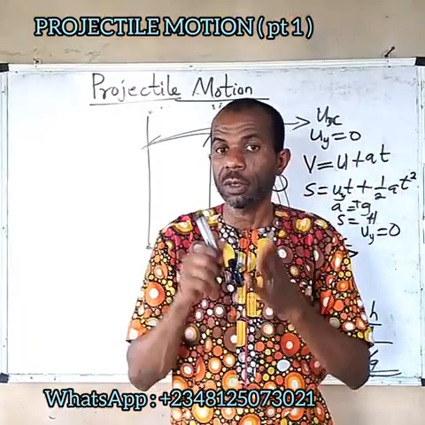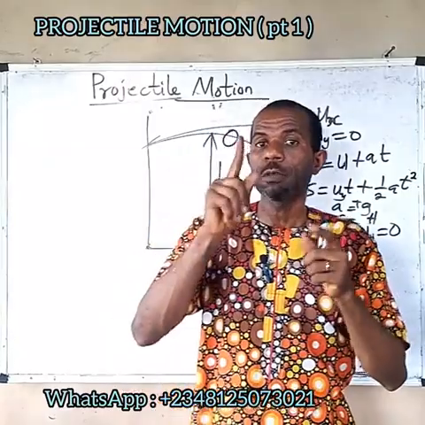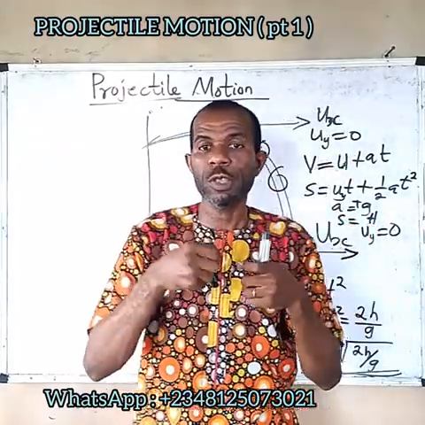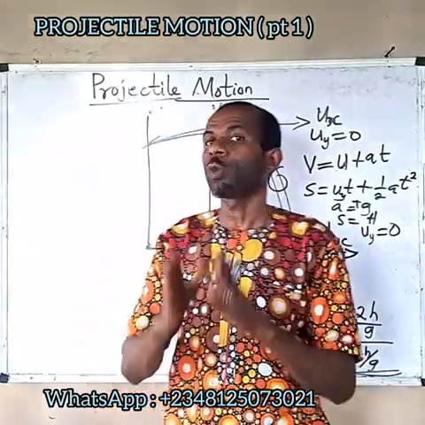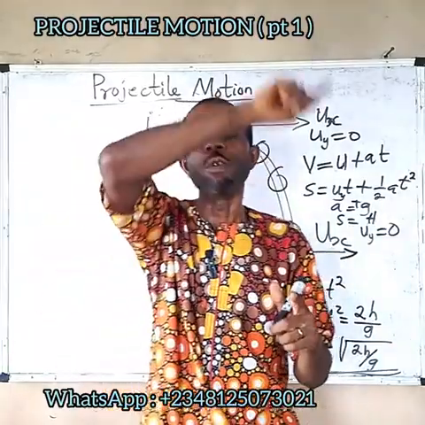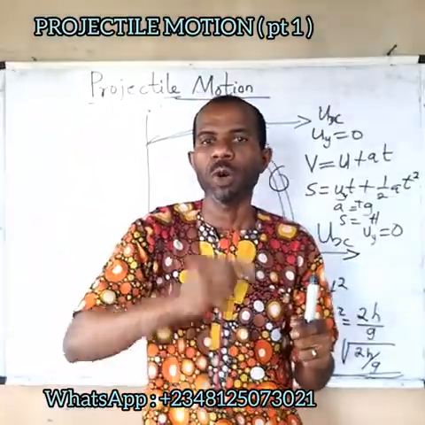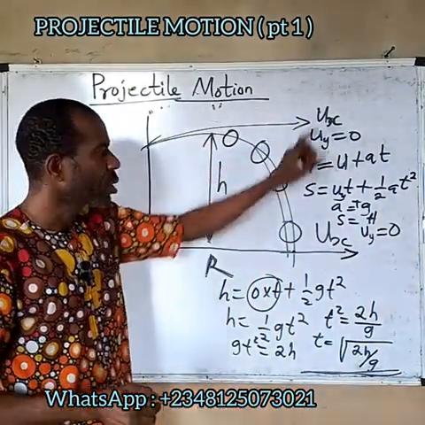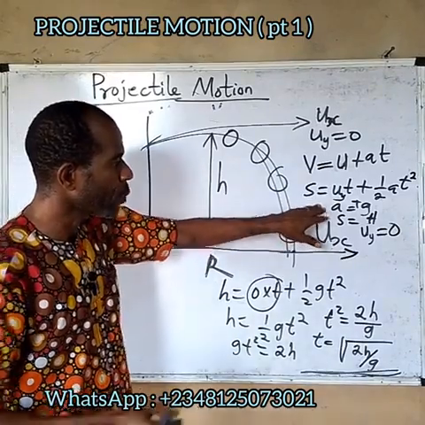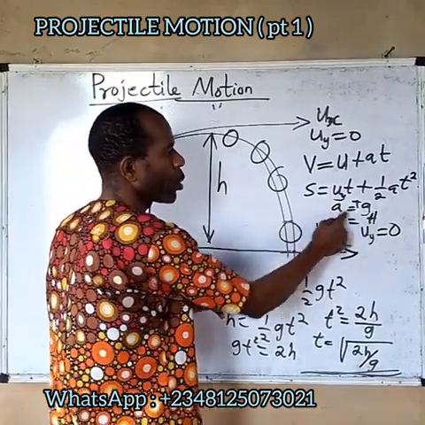Remember I told you that at that point, the initial velocity of the vertical component of this projection is 0. Now the object is only moving down, without a horizontal velocity of projection, which is ux. For us to get the time of flight, we make use of this formula, and acceleration here is equal to g.